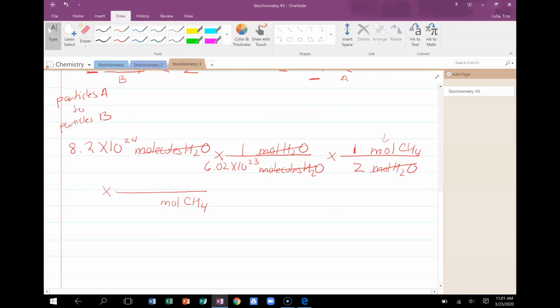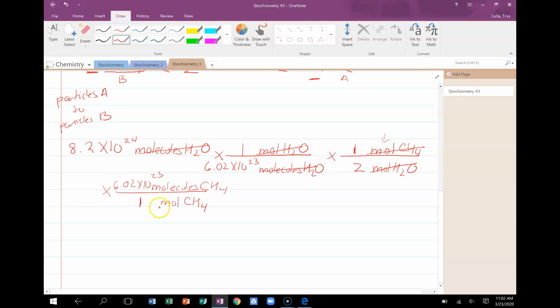So I have moles on the bottom, and I'm going to particles, which is molecules of CH4. Remember, I'm not in the mole to mole step, so that means I can go ahead and put a 1 right in front of my mole, and in front of molecules, 6.02 times 10 to the 23rd.